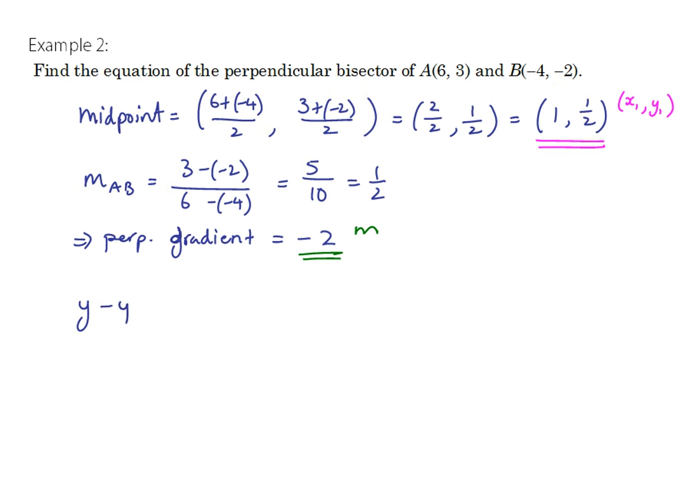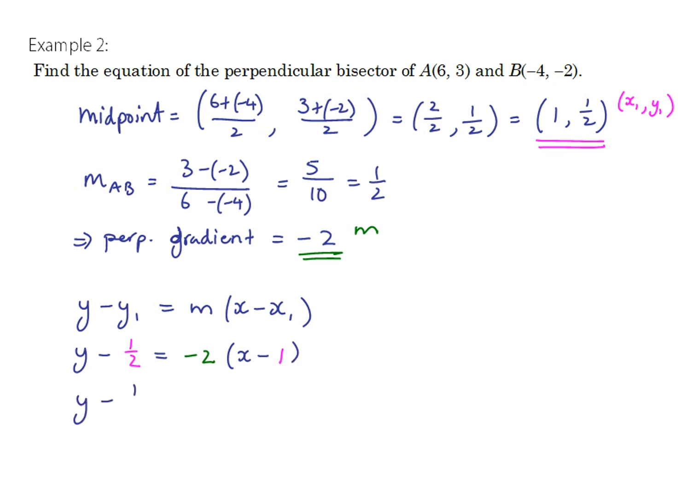So y minus y1 equals m times x minus x1. So y minus 1/2 is equal to negative 2 times x minus 1.